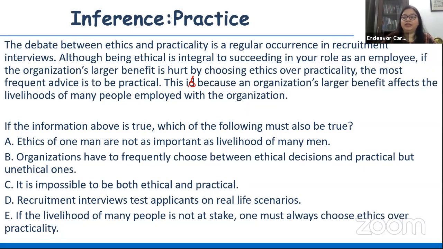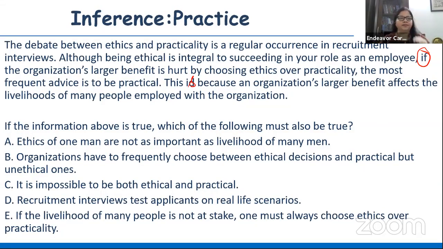If the organizations, and don't miss that we're talking of the organizations, if the organization's larger benefit is hurt by choosing ethics over practicality, the most frequent advice is to be practical. This is because an organization's larger benefit affects the livelihoods of many people employed with the organization.